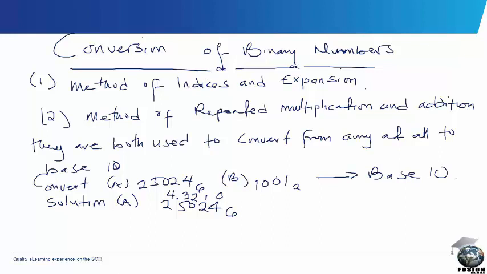Now what you do next is to multiply each digit by the base number raised to the power of its superscript. Remember, this is what we call the superscript. The superscript of 4 is 0, the superscript of 2 is 1, the superscript of 0 is 2, the superscript of 5 is 3, and the superscript of 2 is 4.